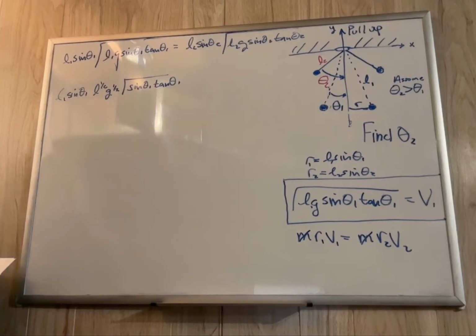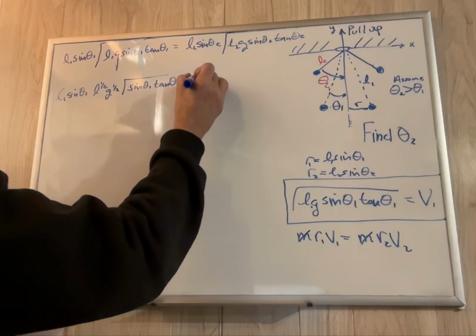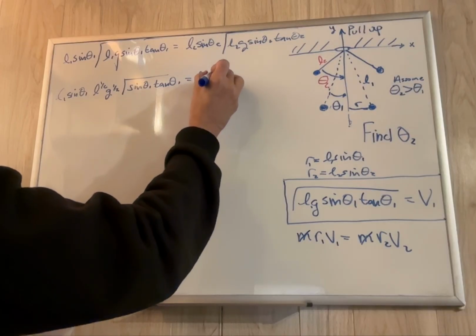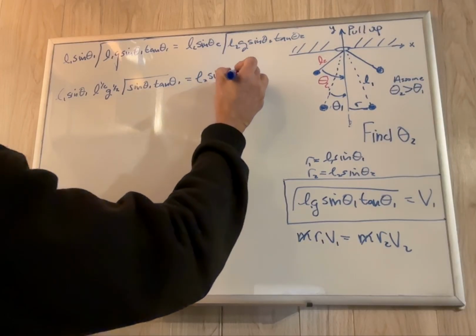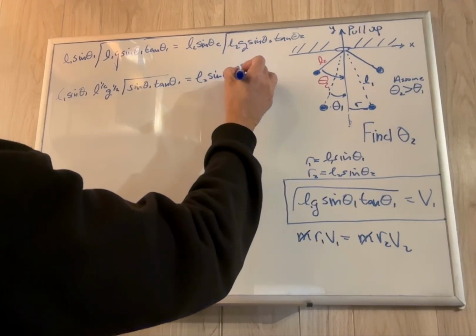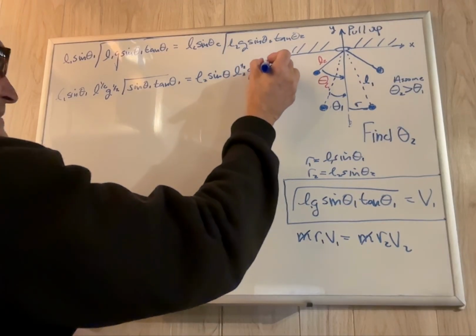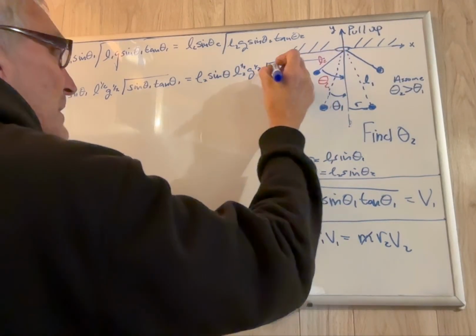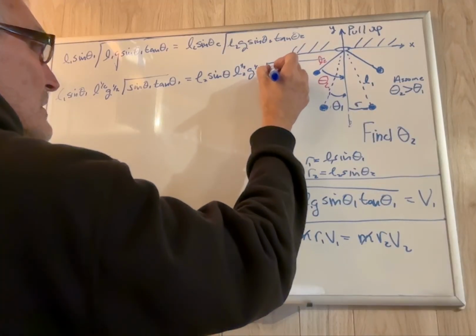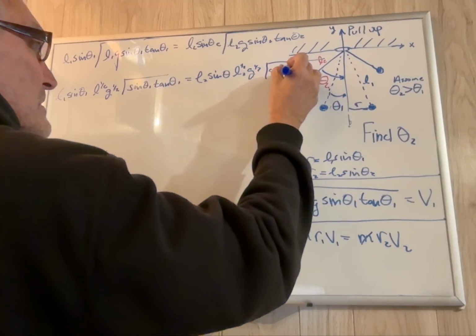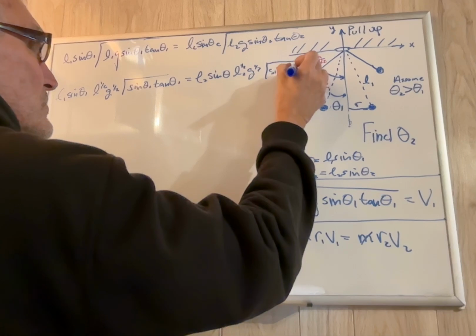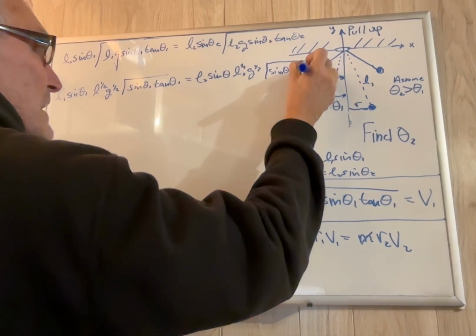Well, we can do the same thing to the other side, I'm hoping. I hope so. We can factor out L2 sine theta 2, L to the 1/2, G to the 1/2, divided by the square root of sine theta 2 tangent theta 2.